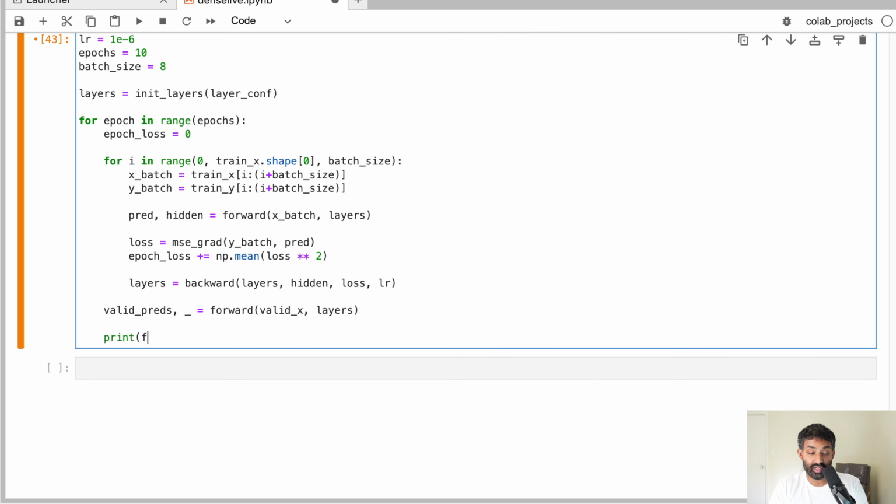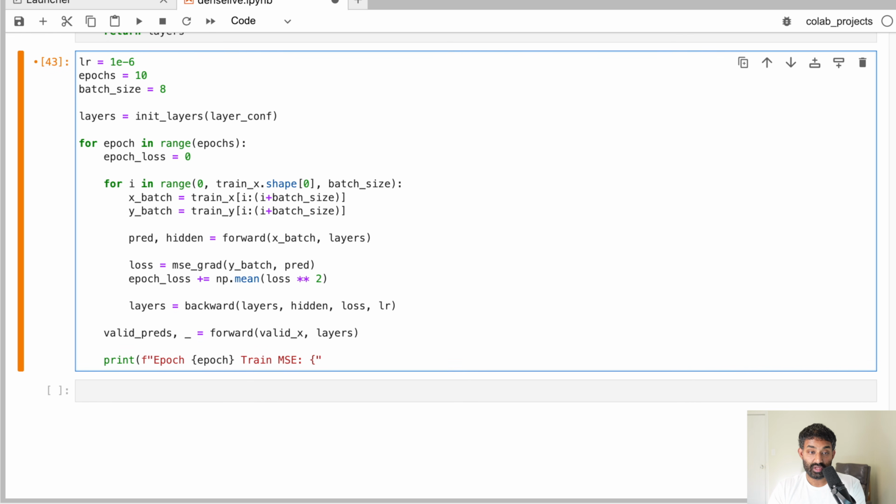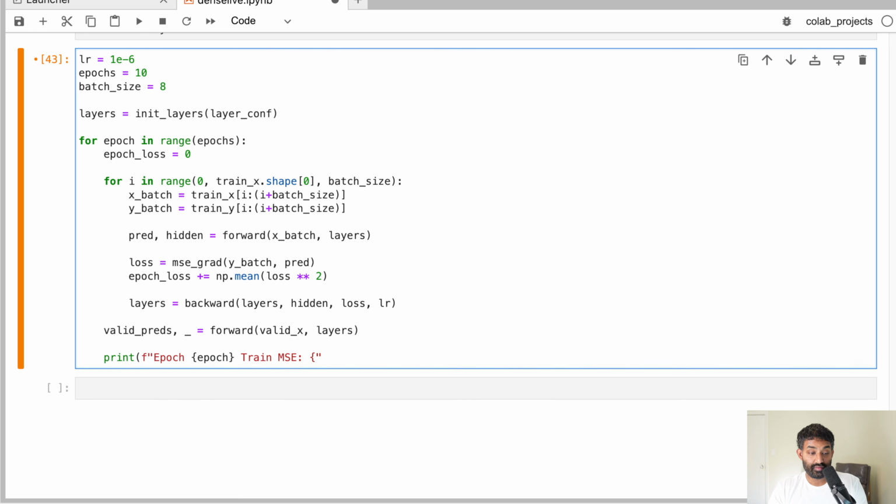And what we can do is print some stats about our epoch. So we'll print out the epoch number. We'll print out the train mean squared error, which is just going to be the mean of our errors. So it'll be epoch loss divided by train x.shape[0] divided by batch size.